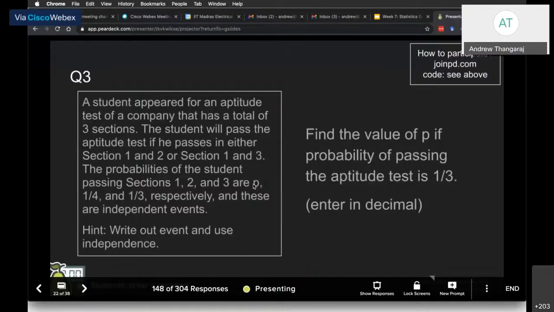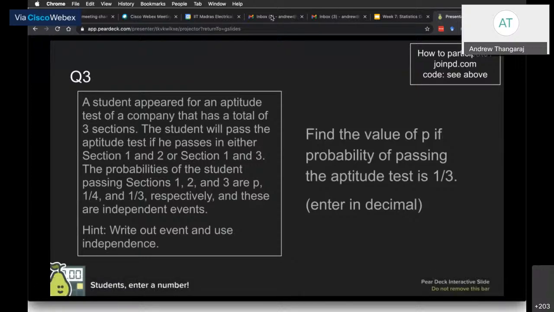Right, 50% of the people have now responded. Please wait for 2 more minutes. It is a slightly more complicated problem. You can imagine so many people are going to forget the one minus term.